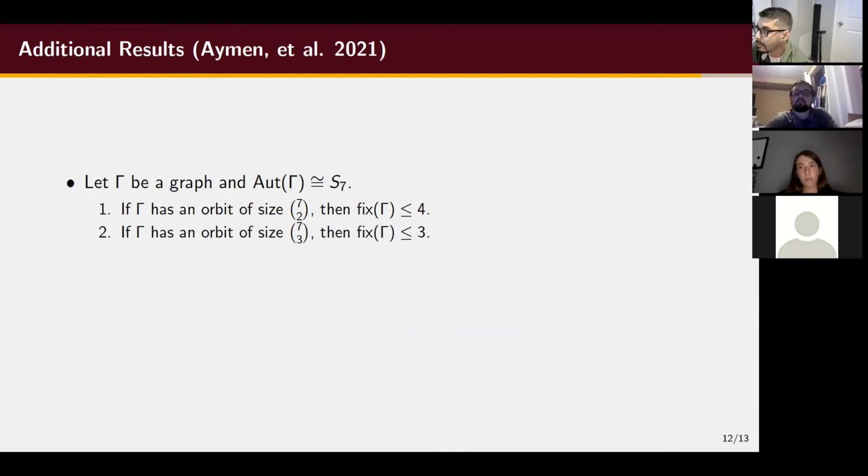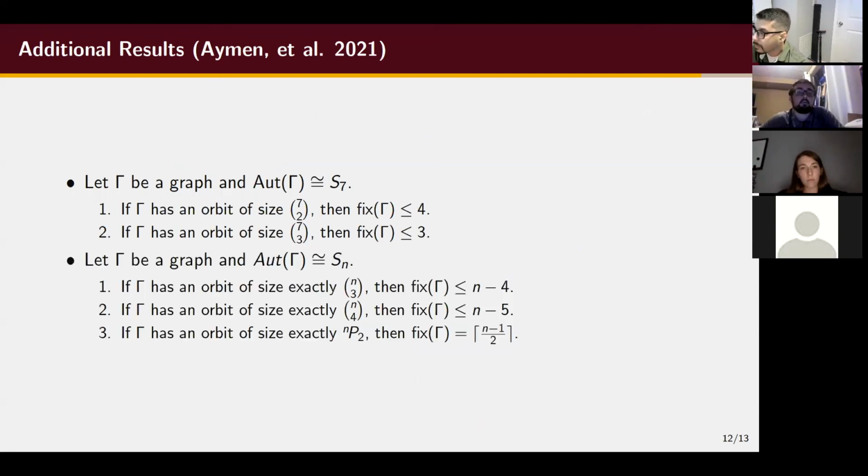Additionally, we want to look at other results that we were able to come up with and use throughout our research. So we're going to first look at some things for the symmetric group. For a graph gamma with automorphism group isomorphic to S7, we can show that with an orbit size of 7 choose 2, the fixing number will be less than or equal to 4. And with an orbit size of 7 choose 3, the fixing number will be less than or equal to 3.